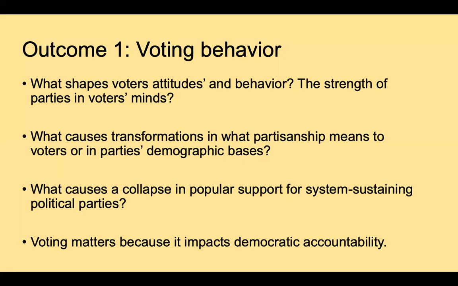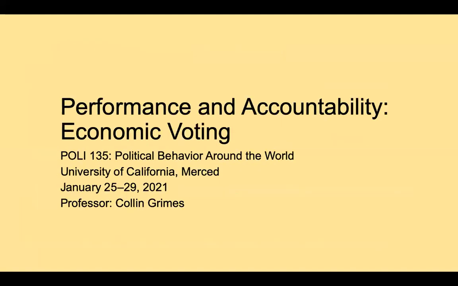Voting behavior matters a great deal because if we do find that voters are informed and calculating and strategic, that means that they should be capable of punishing and rewarding bad and good politicians. But if they're uninformed, if their behavior is erratic and unsystematic, they may be far less capable of holding these leaders and these parties accountable. So we care about this a great deal.